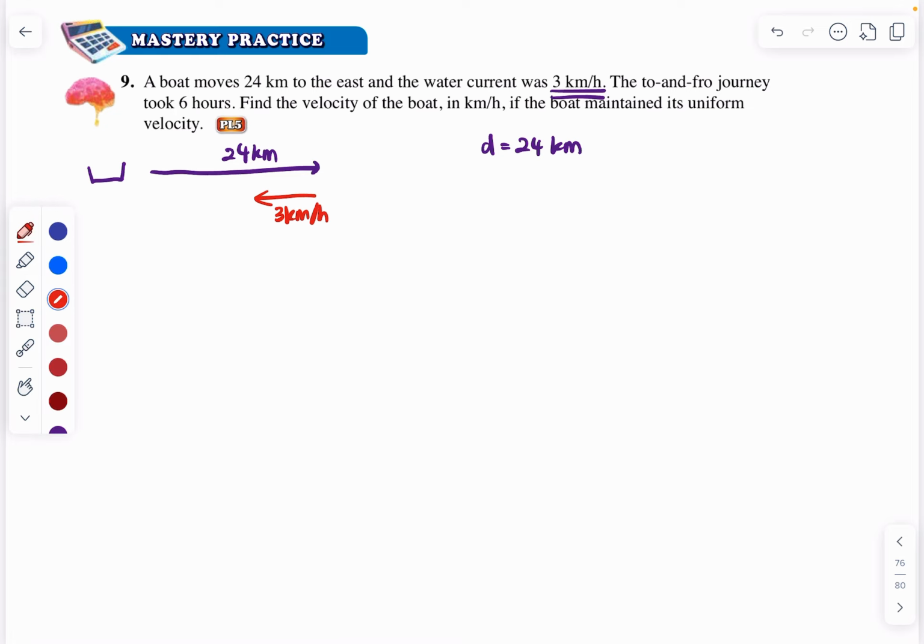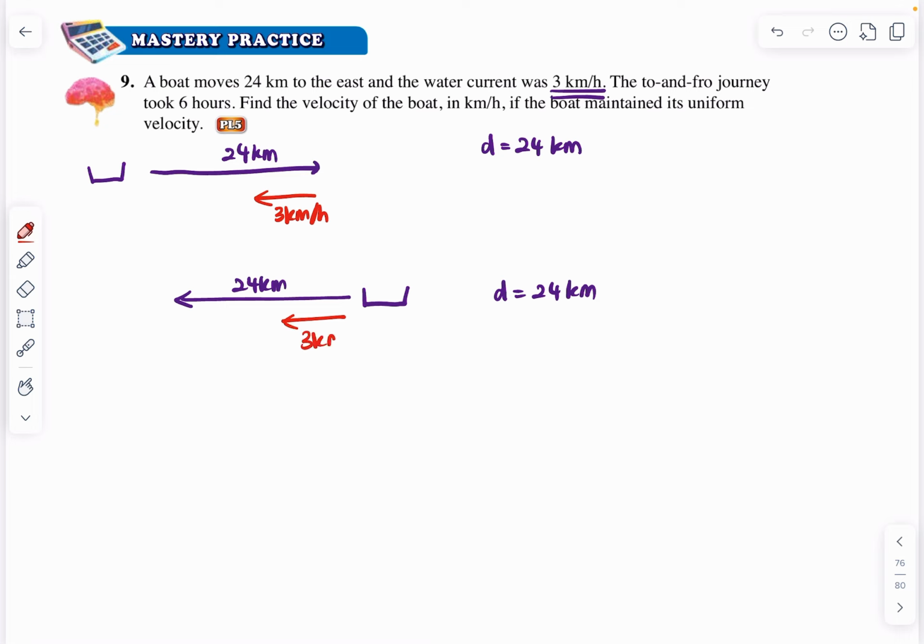Now the boat is also coming back, so there's another journey of the boat coming back. This distance would also be 24 km, and the water current would still remain 3 kilometers per hour. When the boat is going from here to here, it has to oppose the water current, so the total velocity of the boat would be v minus 3.